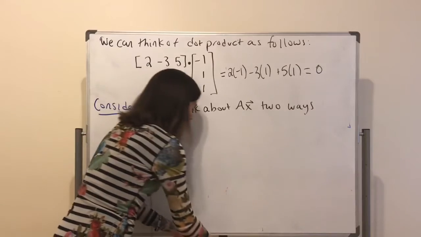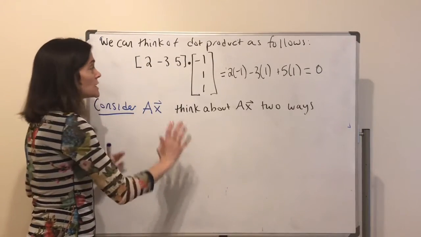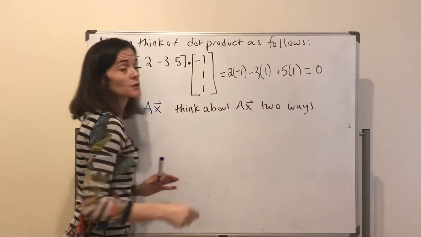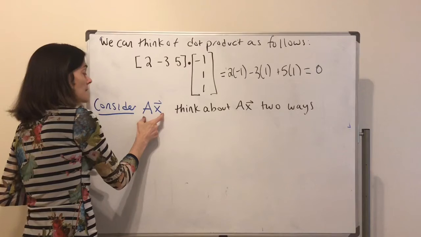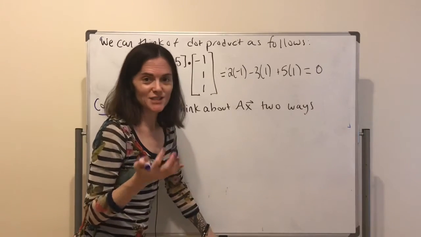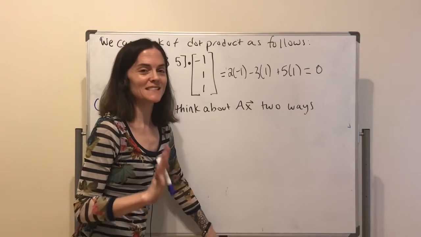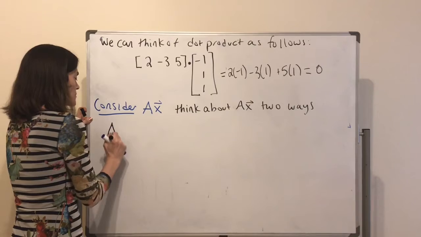So let's suppose we've got, now, it's not always defined, just like the dot product of two vectors is not always defined. They have to both be the same length. And in this case, there are some restrictions on when you can multiply a matrix by a vector. So let's think about that first.